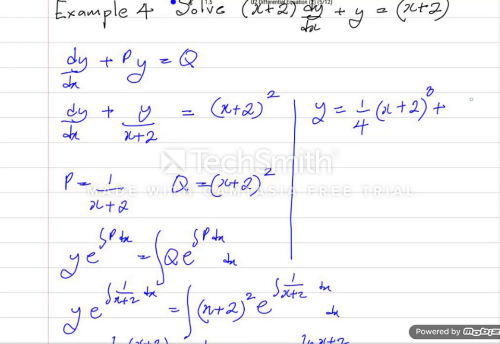Plus c over x plus 2, don't I? So y is now equal to 1/4 (x + 2) cubed plus c (x + 2) to the minus 1. Do you agree?